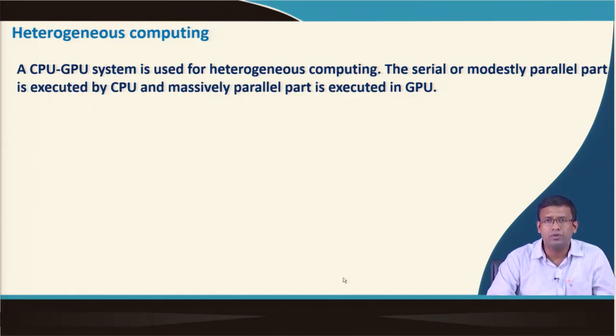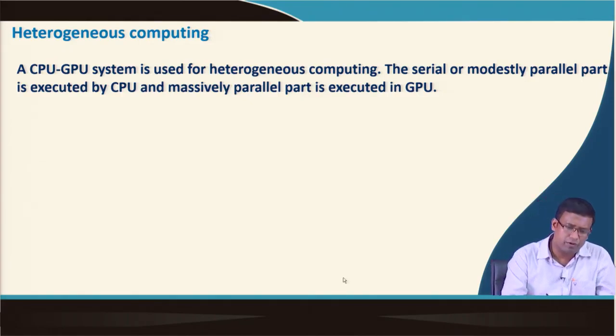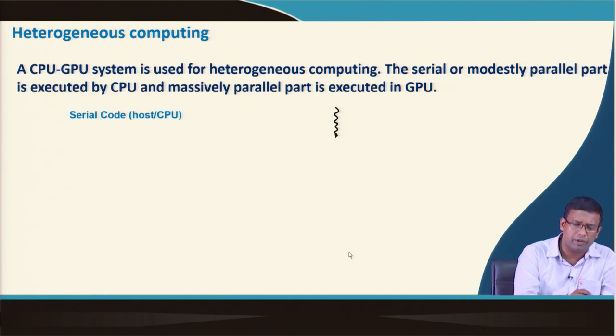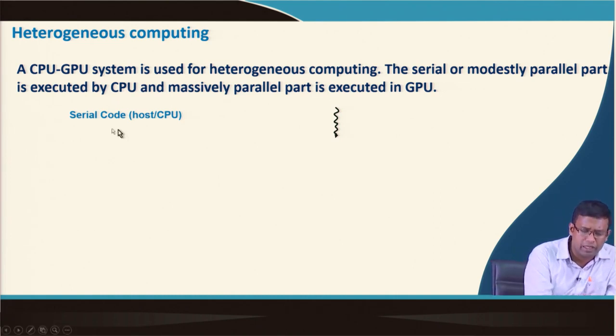So, when we talk about a GPU program, it mostly follows a heterogeneous paradigm, where the sequential or modestly parallel part of the program runs in the CPU, and the massively parallel part runs in the GPU.